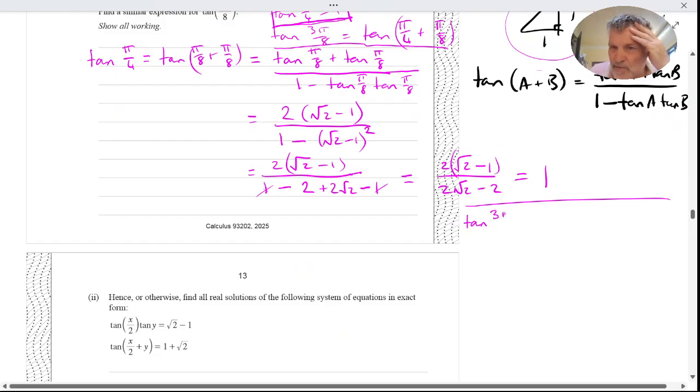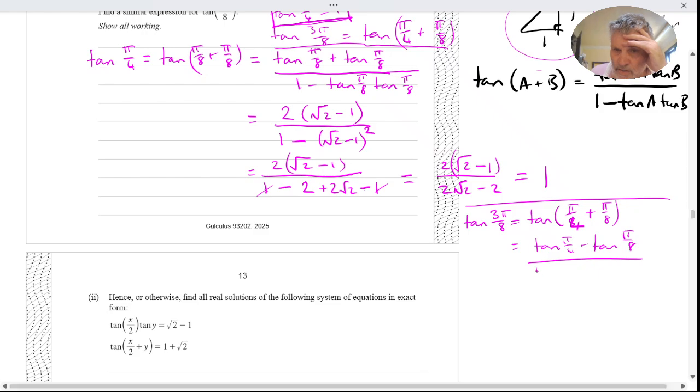So tan 3 pi over 8 is going to be equal to tan of pi over 4 plus pi over 8, that is 2 pi over 8 plus pi over 8, and that's equal to tan pi over 4 plus tan pi over 8 over 1 minus tan pi over 4 times tan pi over 8.